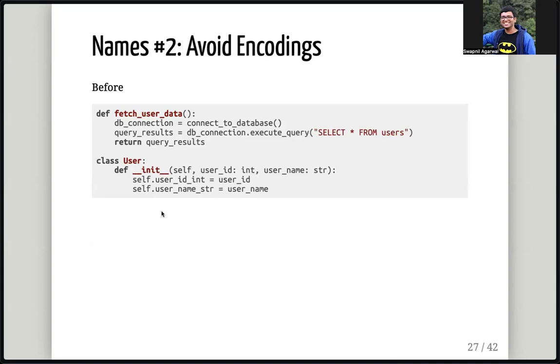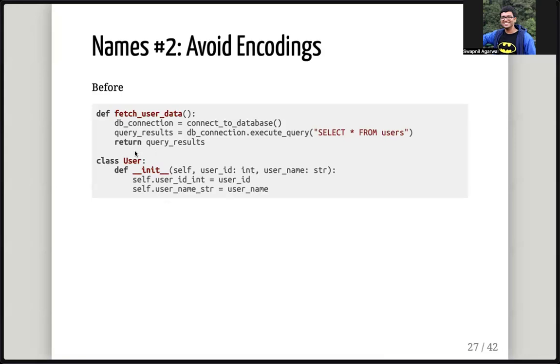Okay, we'll go to the next example later. But in this context, this is sort of redundant, because the context and the function name already provide enough clarity. It will be more clear in the next example, wherein the class variable names, user ID and user name, are very simple, clear, and free.